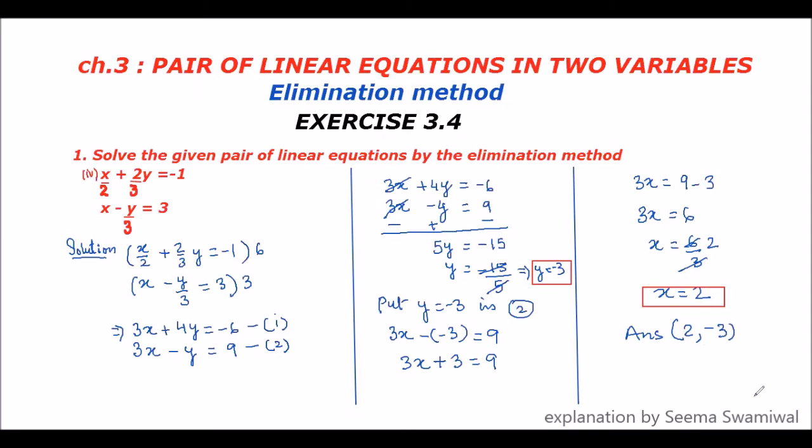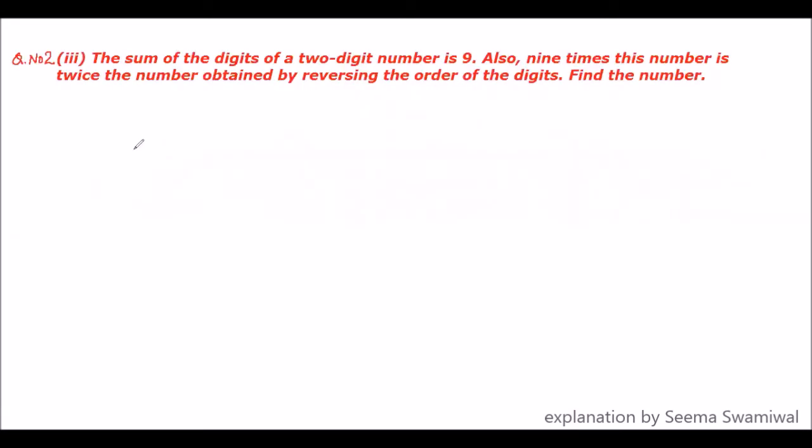Let's solve a word problem by elimination method. The sum of the digits of a two-digit number is 9. So children, you have to make a two-digit number. Whenever you want to make a two-digit number, you have to take a unit place digit and a tens place digit.